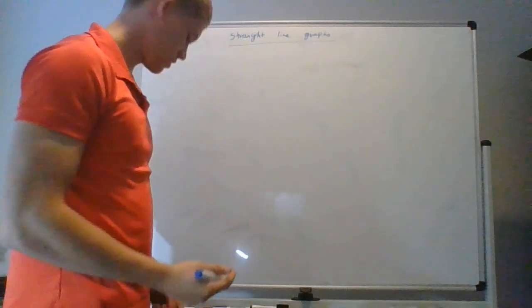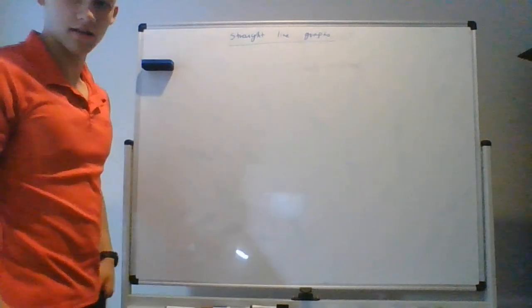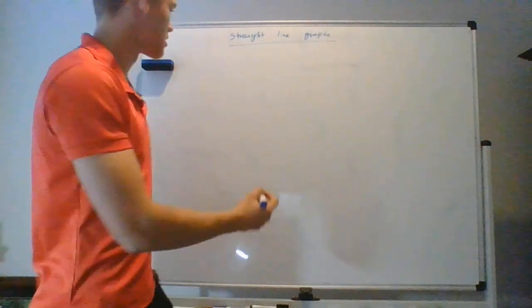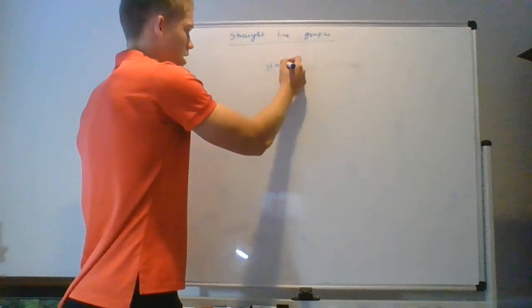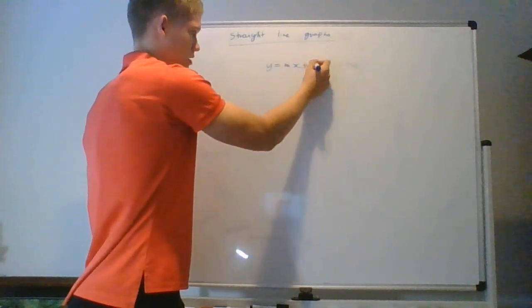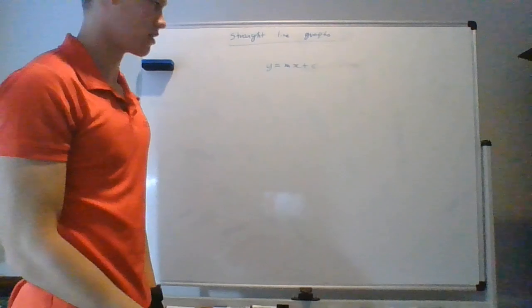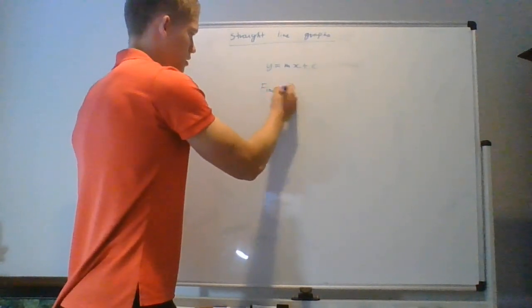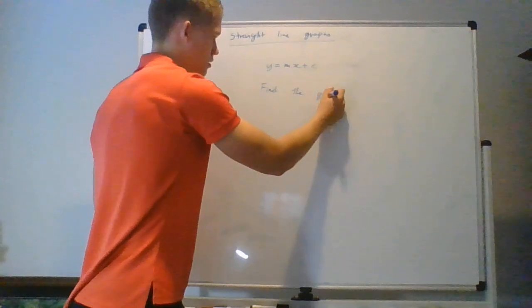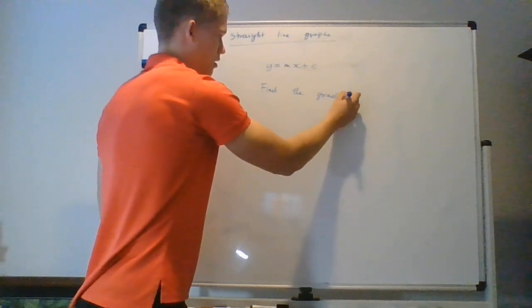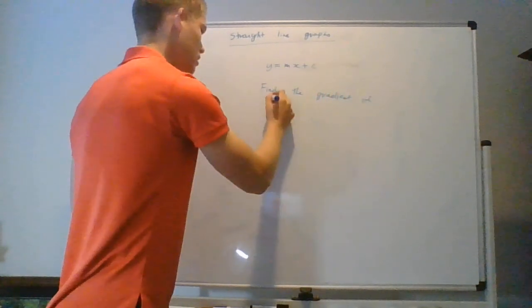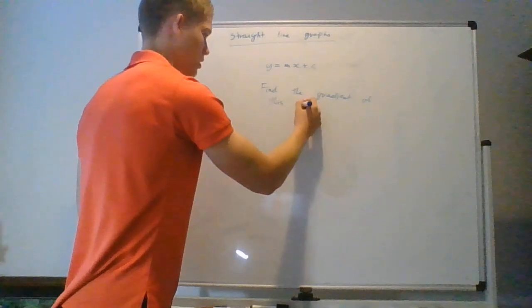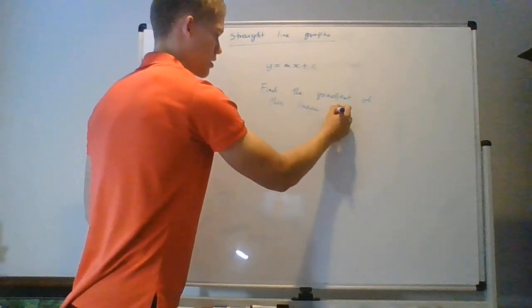If a question asks you to find the gradient and the y-intercept, put it in the standard form of y equals mx plus c. So let's say they say find the gradient of this linear equation.